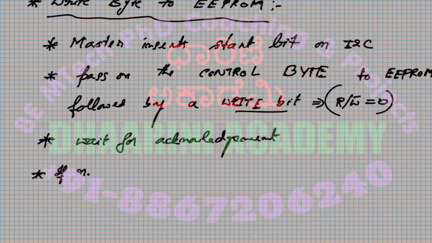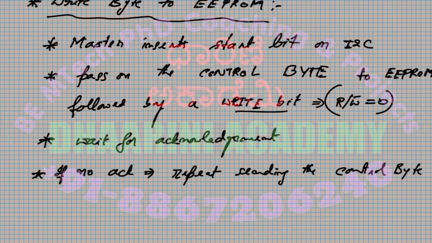If no ACK, this implies repeat sending the control byte until you receive the acknowledgement.